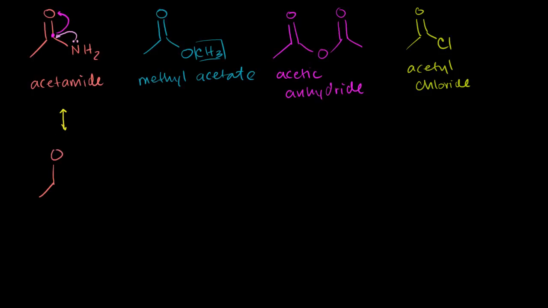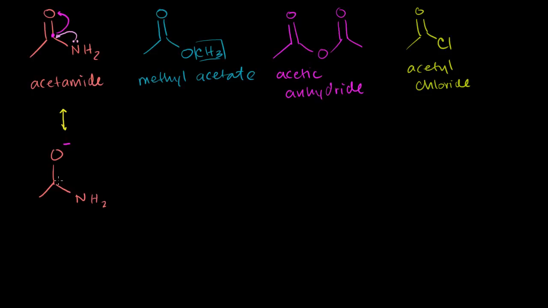This oxygen just gained an electron up there, so I'll just put the negative charge due to that electron. And then we had this bond right over here to the nitrogen. But the nitrogen just gave an electron to this carbon, what was the carbonyl carbon.